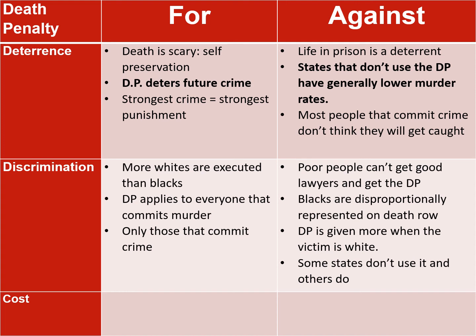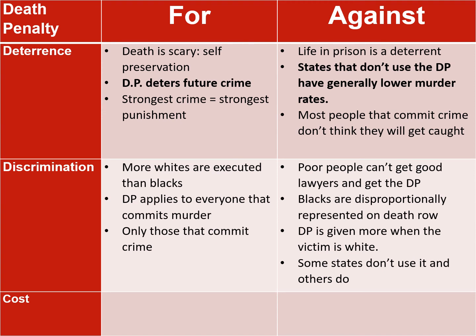Now, if you look in deterrence, I have the second one down in bold. It says DP, which means death penalty. People for the death penalty state that the death penalty deters future crime. However, if I wanted to make a counterargument against that, I can look in my against column and make a counterargument.